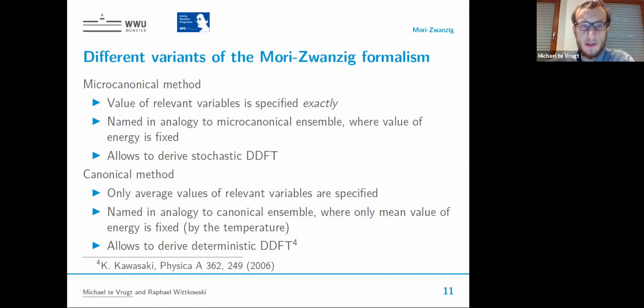But as you probably all know, DDFT can also be derived in a stochastic framework, which has some subtle differences from the deterministic case, for example, regarding what the density means. For that, you can use the microcanonical method, where the value of the relevant variables is specified exactly. This name is chosen in analogy to the microcanonical ensemble, where you fix the exact value of the energy.